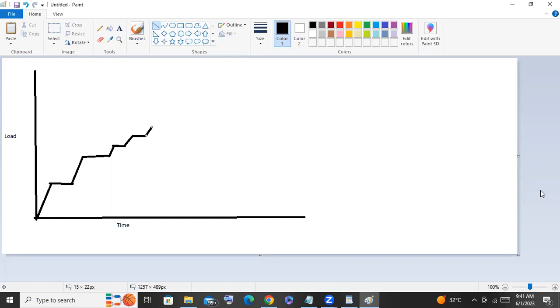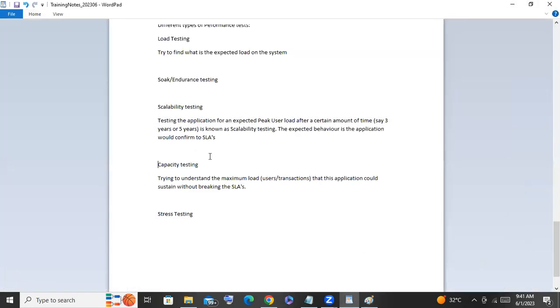Clear about it, guys? Any questions? No, sir. Shyam? Yeah. If the capacity testing is meeting the SLA, then only again we go for a load test with a high number of users.